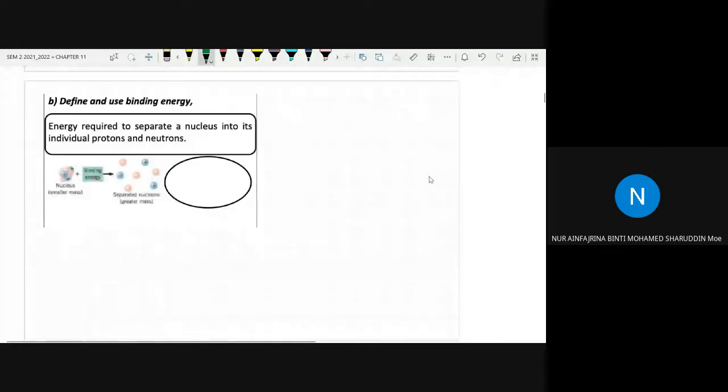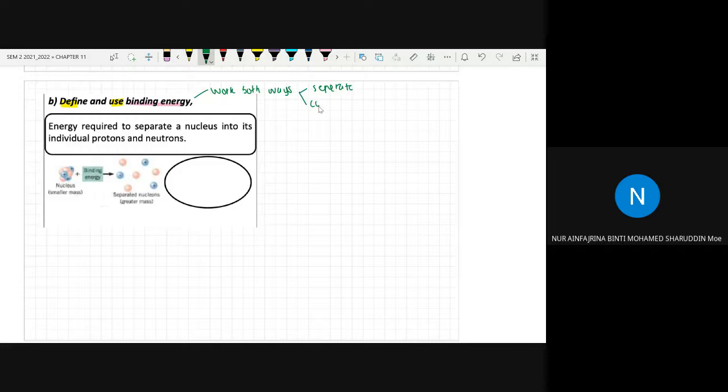So the next learning outcome is define and use binding energy. So what is binding energy? First of all, you need to know binding energy will work both ways. Dia akan separate ataupun dia akan combine or bind it. Let's say you have a nucleus.